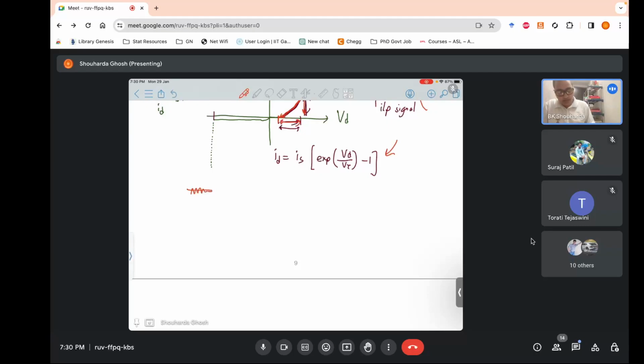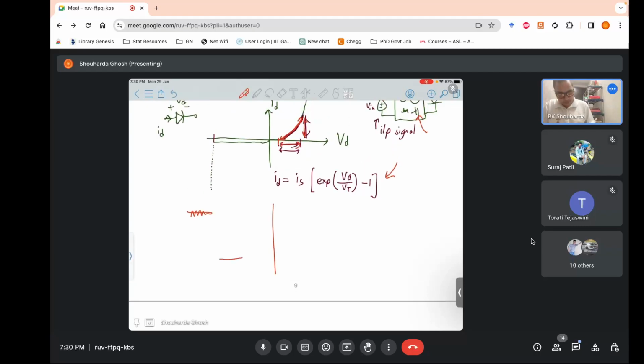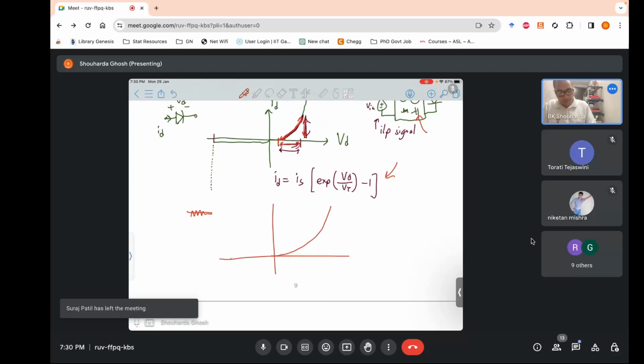So what may happen in reality is that if you have this diode, your actual signal may be something like this. Can you see this? It has a fixed constant value and it is oscillating around a certain point.